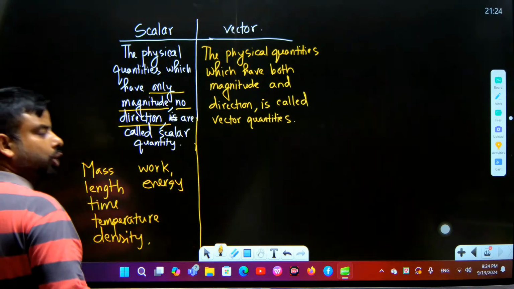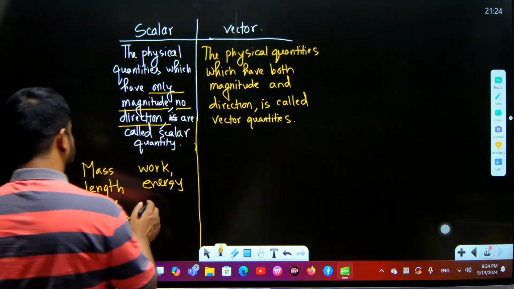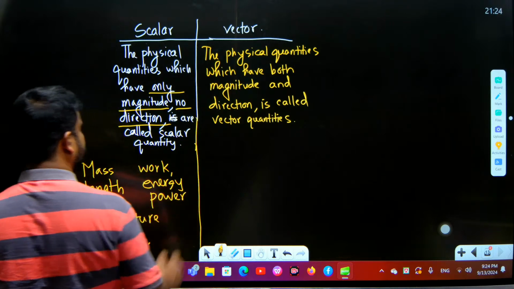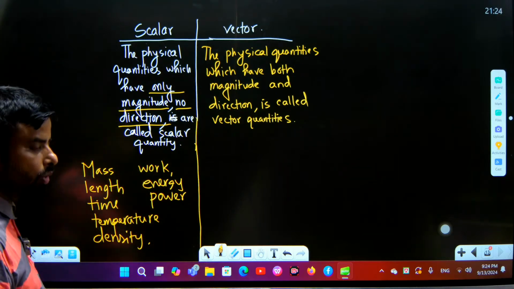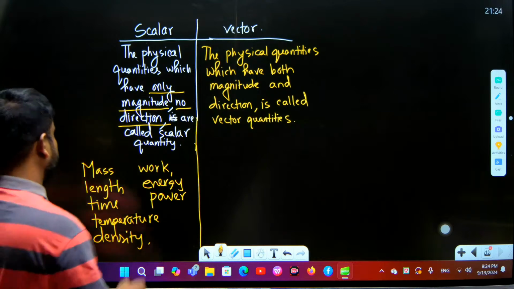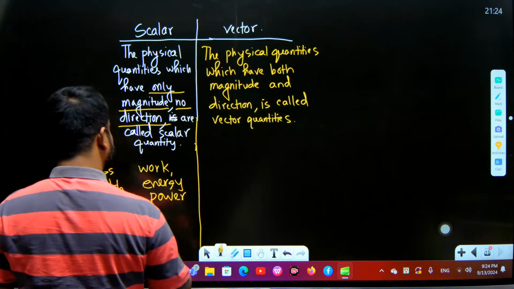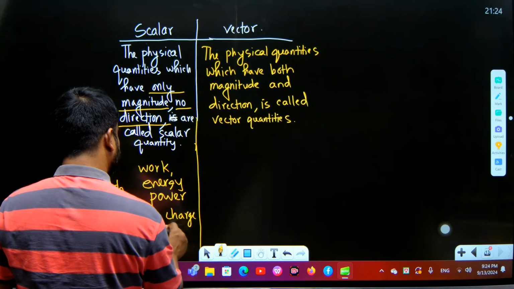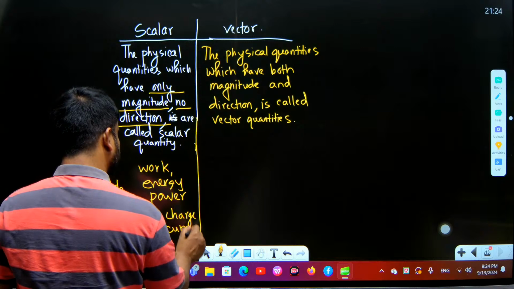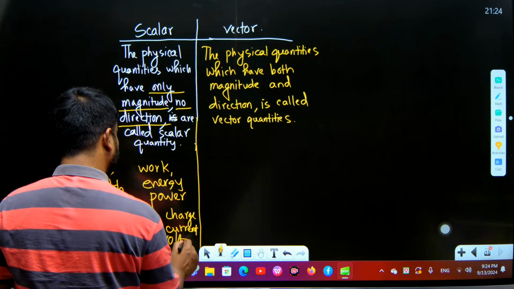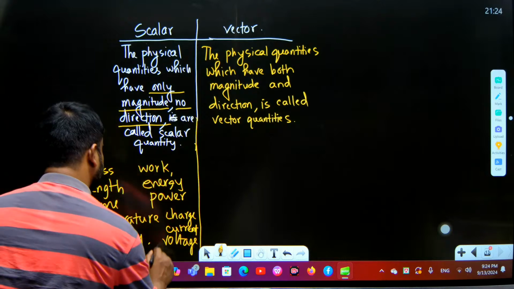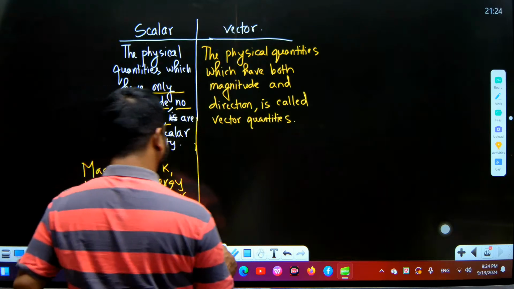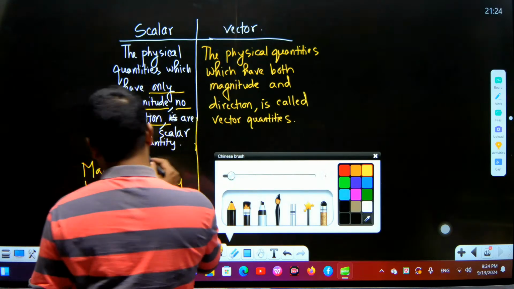Kinetic energy, gravitational potential energy, all are scalar quantities. Power is related with energy and work, that's why power is also a scalar quantity. Related with current, like charge, current, voltage, EMF, resistance, all are scalar quantities.